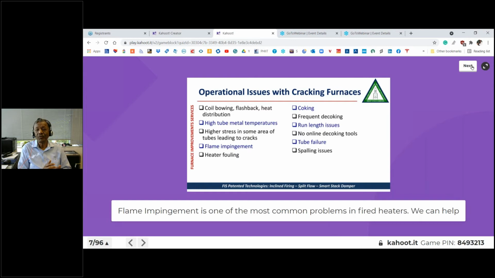We cannot help you there. But the other side is the flue gas side or the fire side, and it is the fire side in all fired heaters which controls the heat transfer.